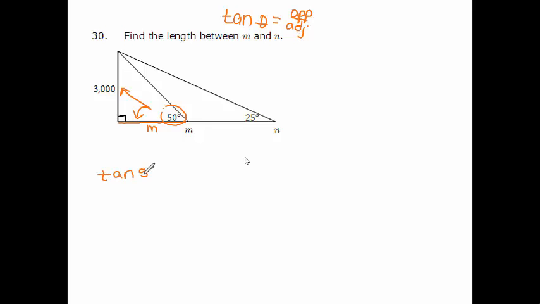So the tangent of 50 degrees is 3,000 over M. I'm going to multiply both sides by M and then divide both sides by the tangent of 50.